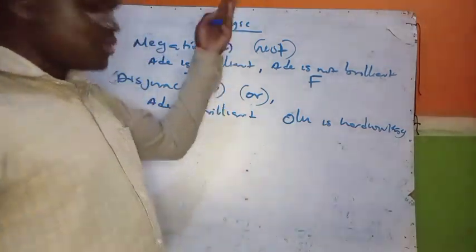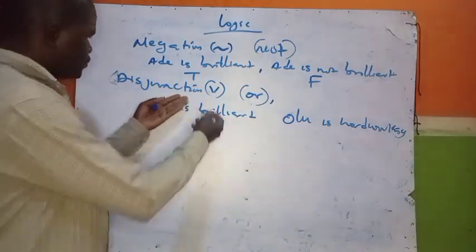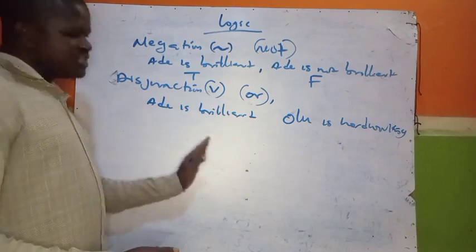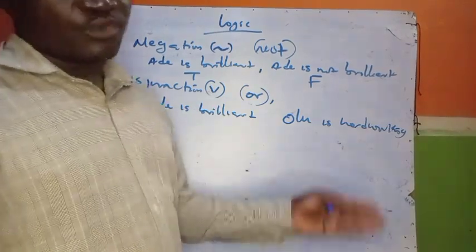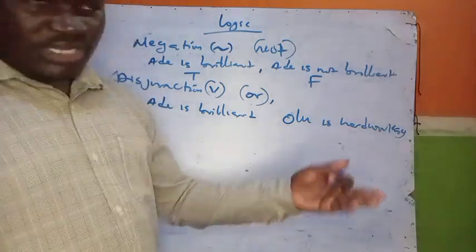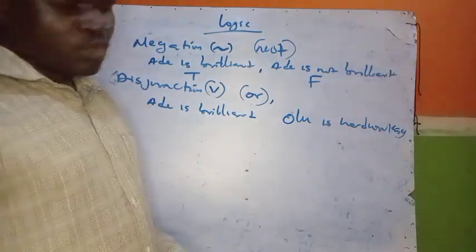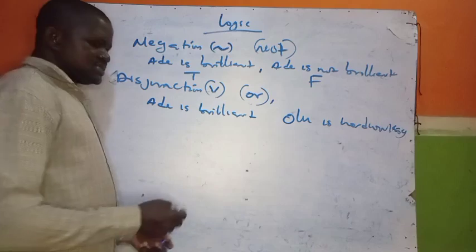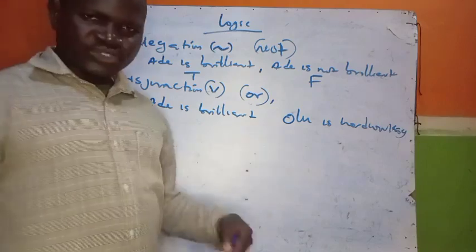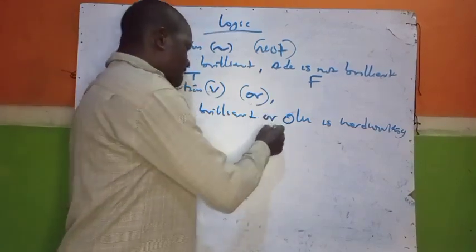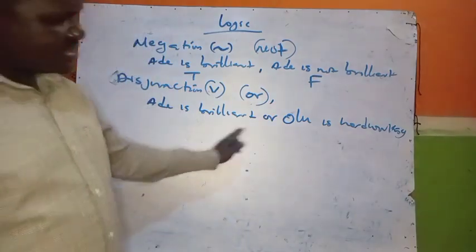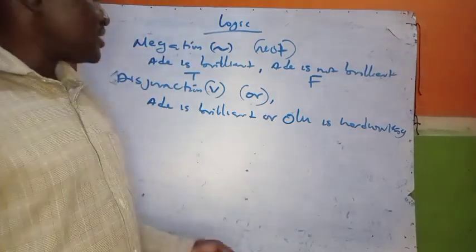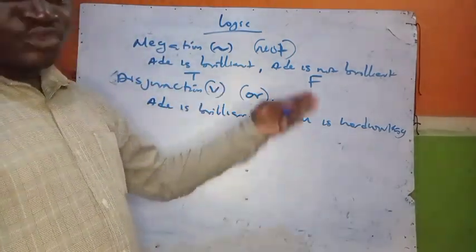For these two statements, you can use disjunction: Ade is brilliant or Olu is hardworking. If you join them together with "or," at what condition is the statement going to be true?